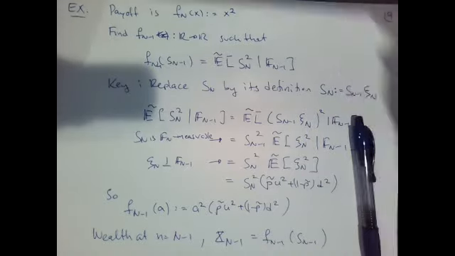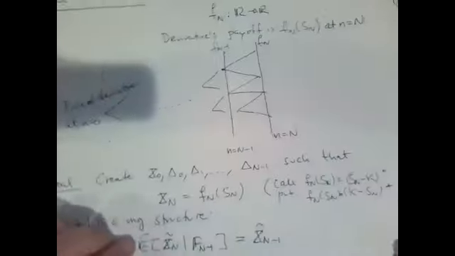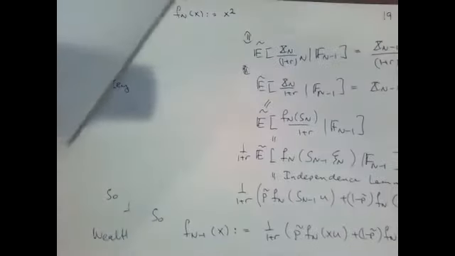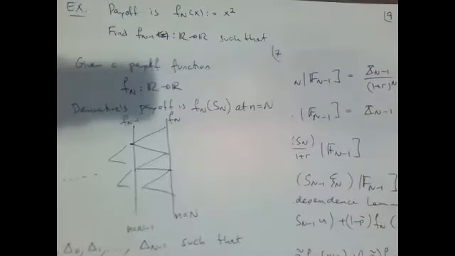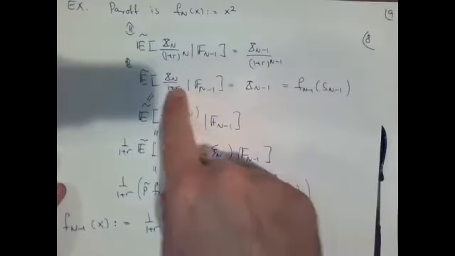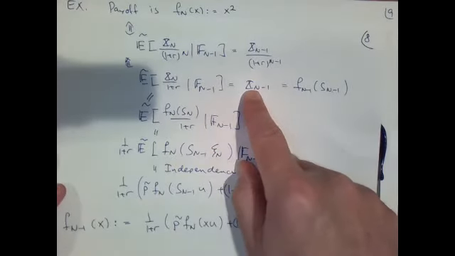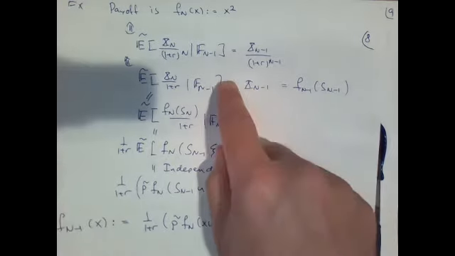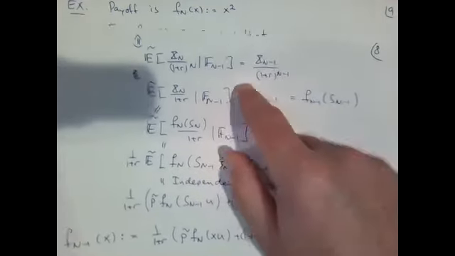But this is what we're working with, the conditional expectation. The conditional expectation we have here is going to be my X_{n-1}. This is the one we worked quite hard to get to.